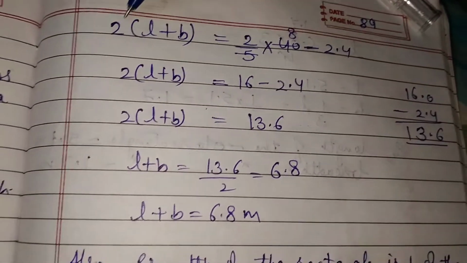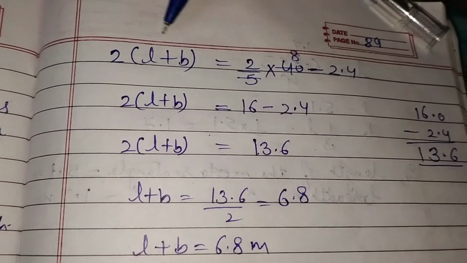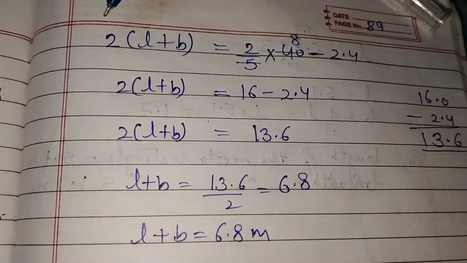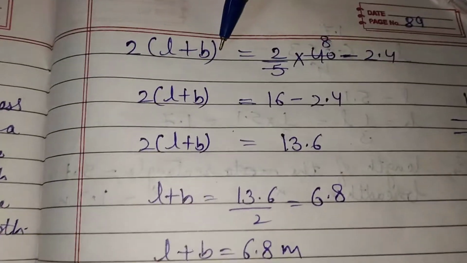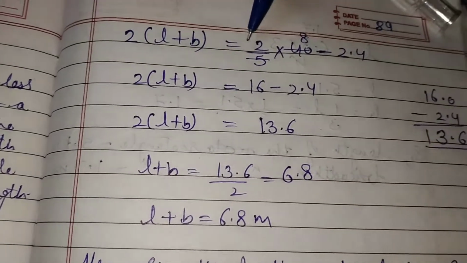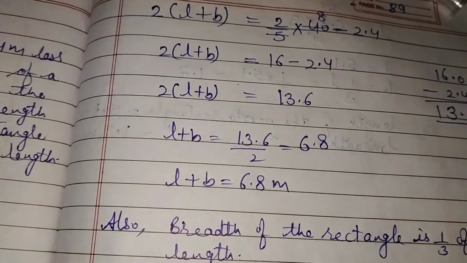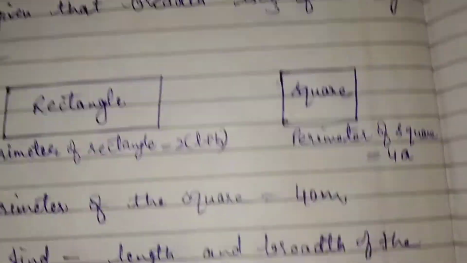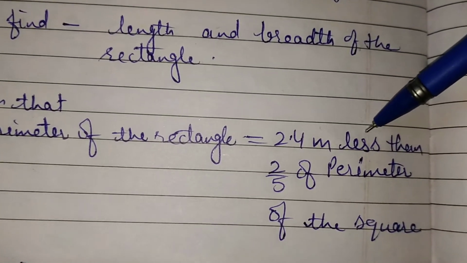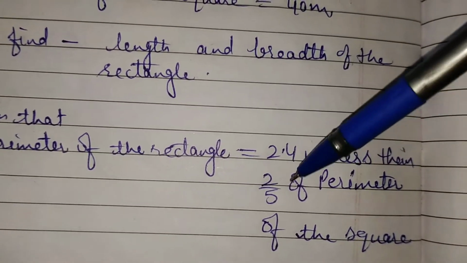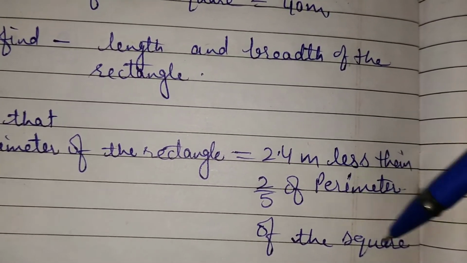Here firstly we will write the perimeter of the rectangle. Perimeter of the rectangle is 2 into (L plus B). And it is given here 2.4 meter less than 2 by 5 of the perimeter of the square.